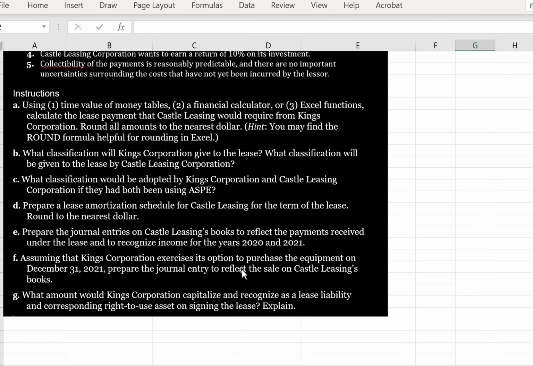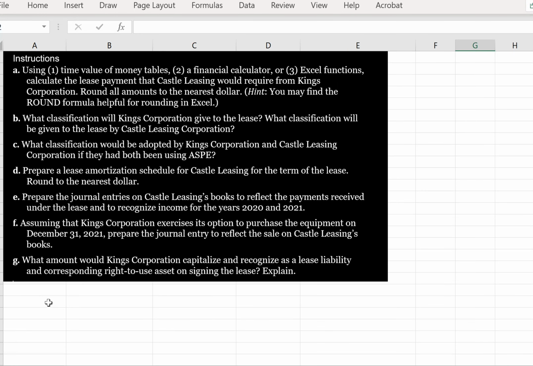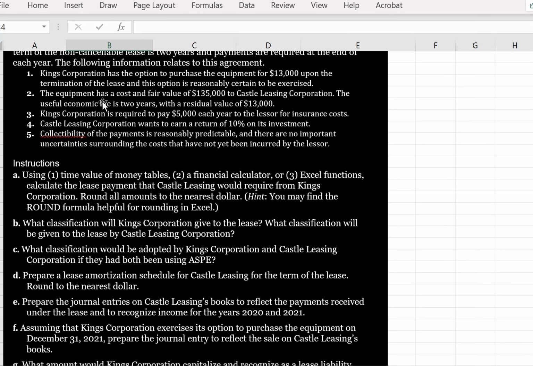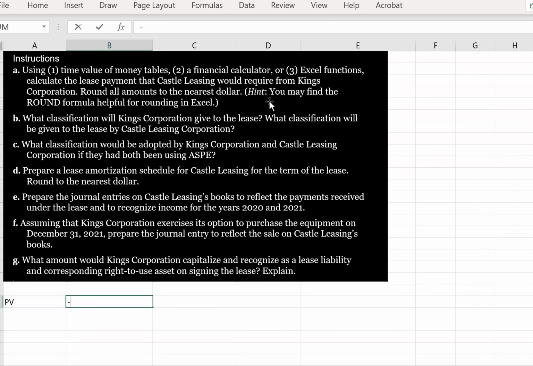So knowing the inputs here, what type of lease payment would be required? What do we know? The present value from the lessor's perspective is going to be the cost of the equipment. So what was the cost? It says the equipment has a cost and fair value of $135,000 to Casa Leasing.